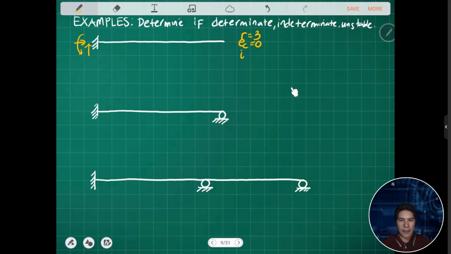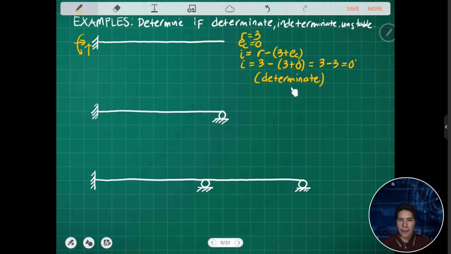So we can now get the degree of indeterminacy. So that is r minus 3 plus EC. So we have r equal to 3, and 3 plus 0. So thus we have 3 minus 3, 0 degree. So meaning determinate.